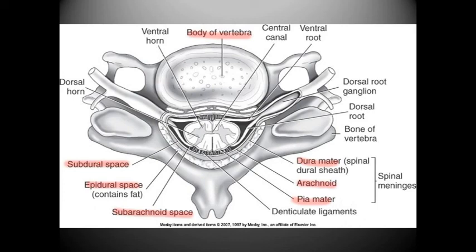So here we have a cervical vertebra, and we have a nerve actually coming out, and we have pretty much the spaces. We have the epidural space here.